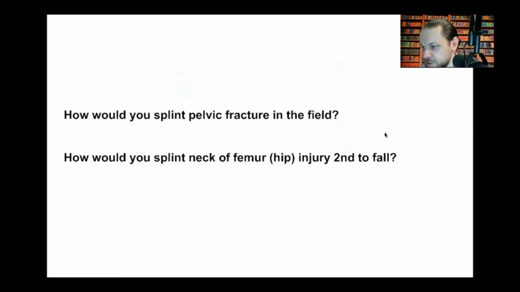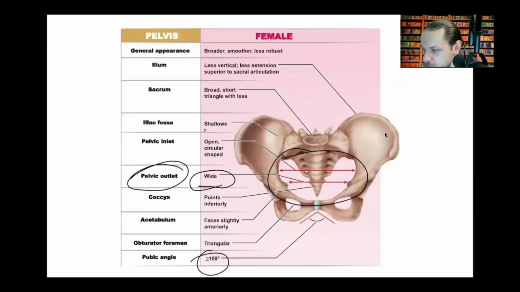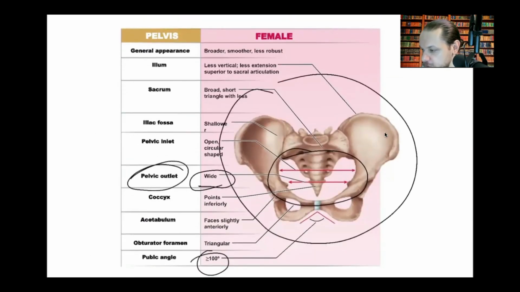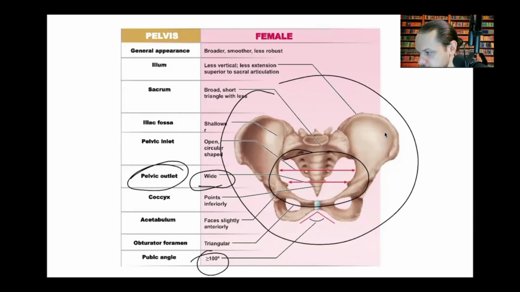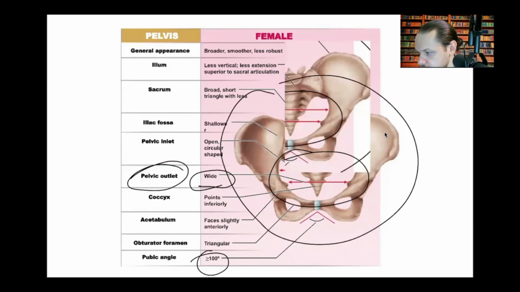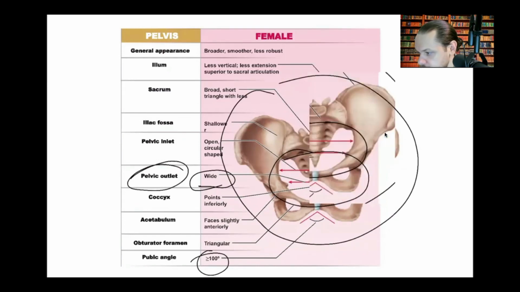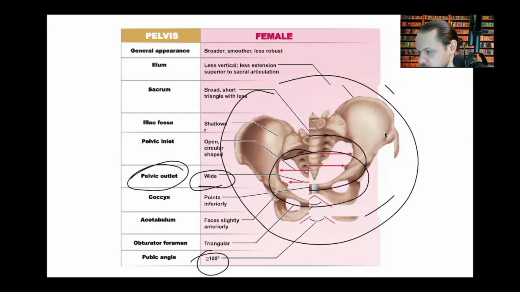So we talked about traction splint as being the splint of choice if you have a mid-shaft femur fracture. But now my question is, what is the splint of choice for the pelvis? The pelvis being this region here. So imagine you have a shearing injury that fractures the pelvis like that, and now it's bleeding internally, right?